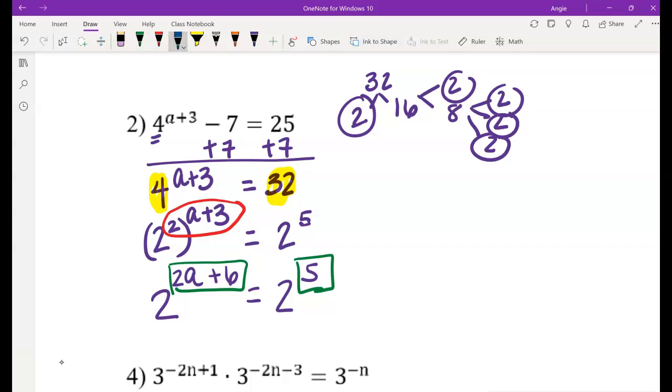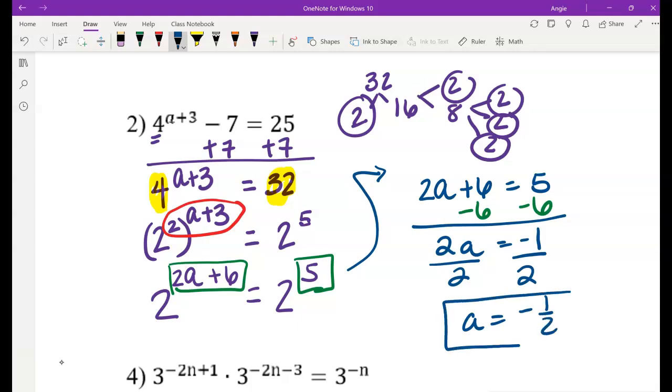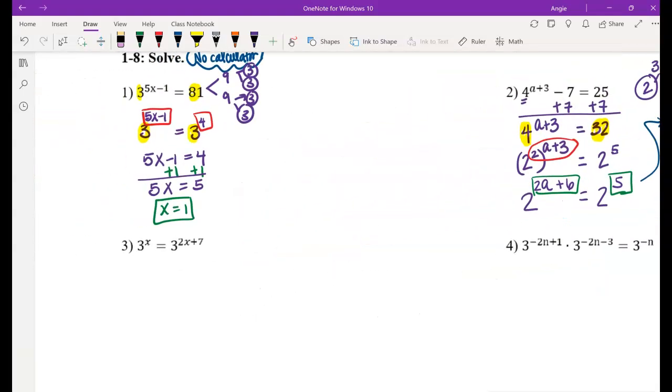So 2a plus 6 equals 5. Subtract 6 from both sides, which gives 2a equals negative 1. Divide both sides by 2, and a comes out to be negative 1 over 2. All done. Nice and simple.